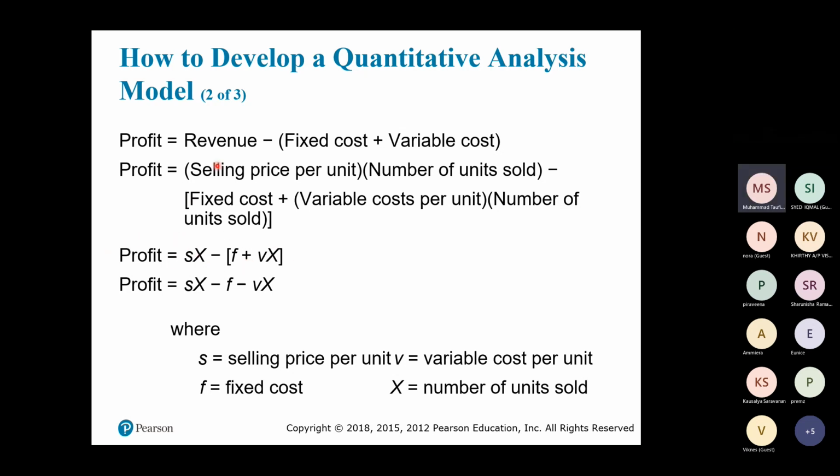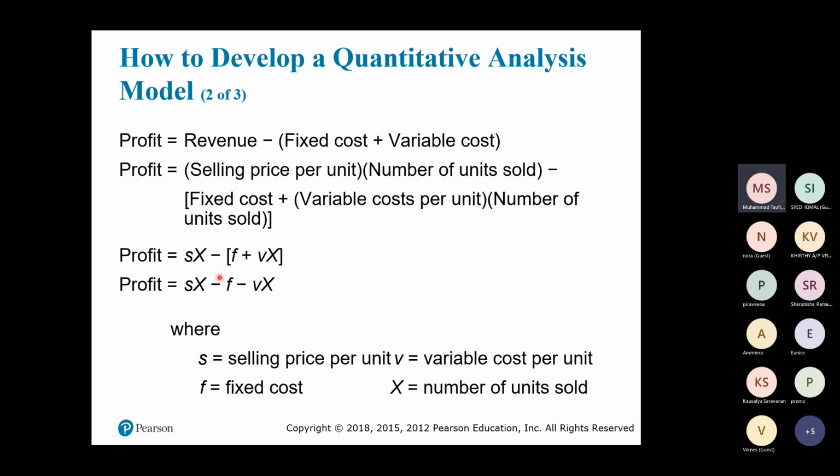So now we put selling price per unit as S. Number of units sold is X. Fixed cost is F. Variable cost per unit is V. And number of units sold is X. So now we get profit is equal to SX minus in bracket F plus VX.